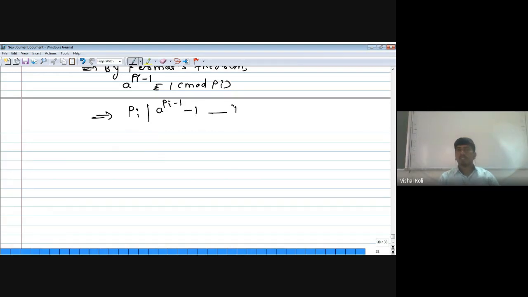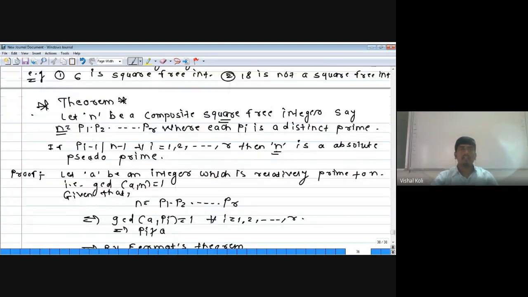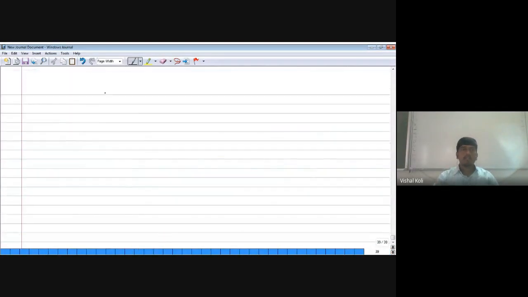Take this as equation 1. In the statement of the theorem, it is also given that pi minus 1 divides n minus 1 for all i running from 1 to r.